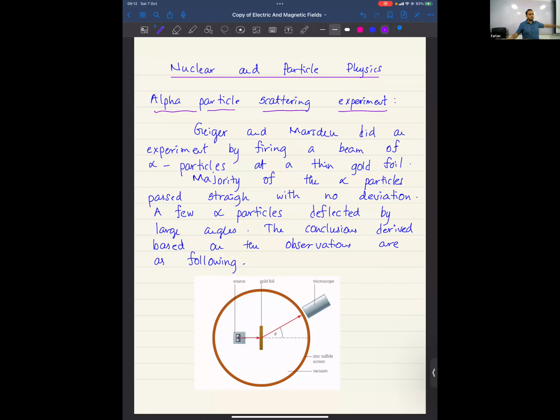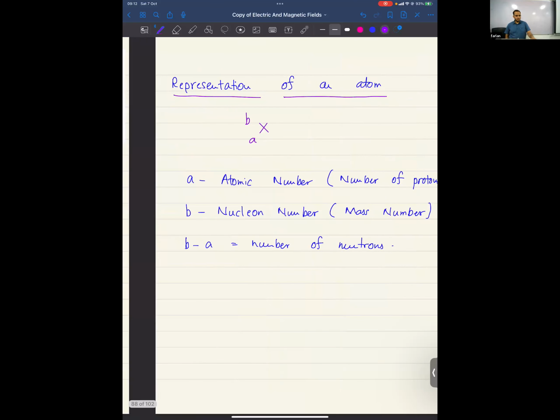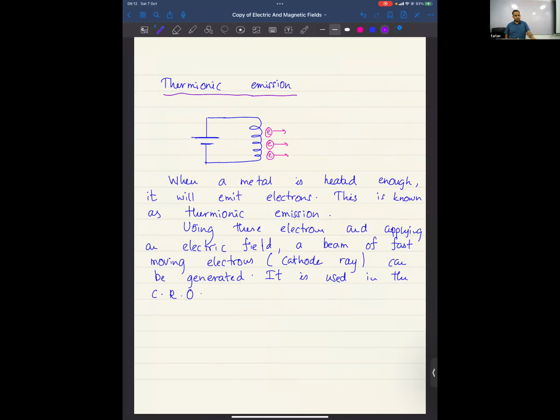Geiger and Marsden did an experiment by firing a beam of alpha particles at a thin gold foil.